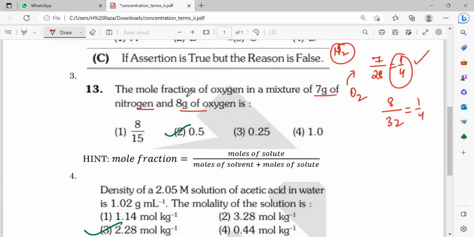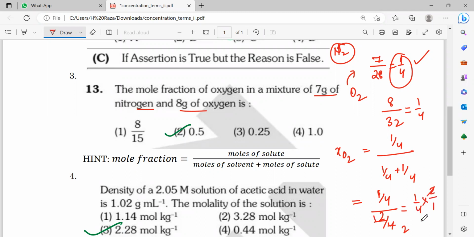If you calculate the mole fraction of oxygen: number of moles of oxygen 1 by 4, then 1 by 4 plus 1 by 4. What will you get? 1 by 4 upon 2 by 4, that is equal to 0.5. You have written 0.5, it is correct, right? Yes, sir.